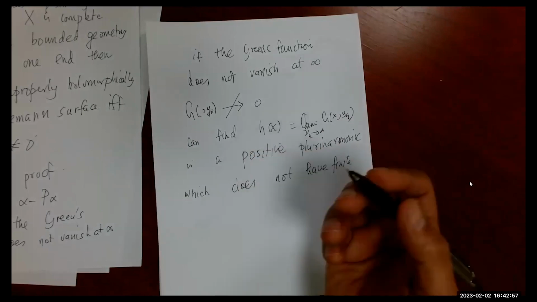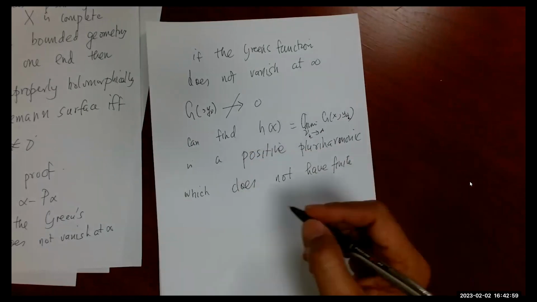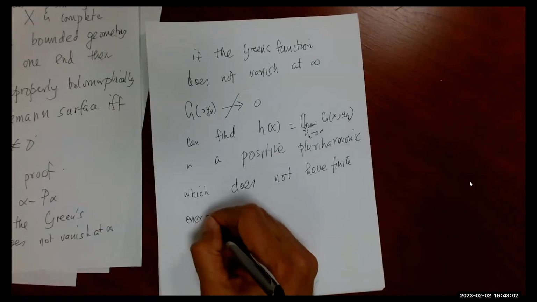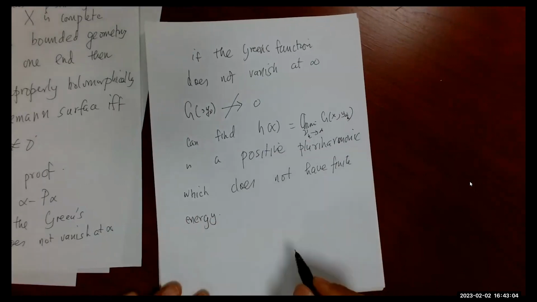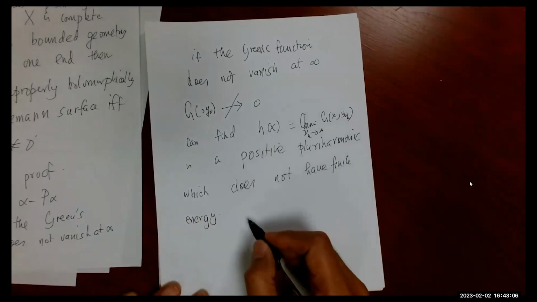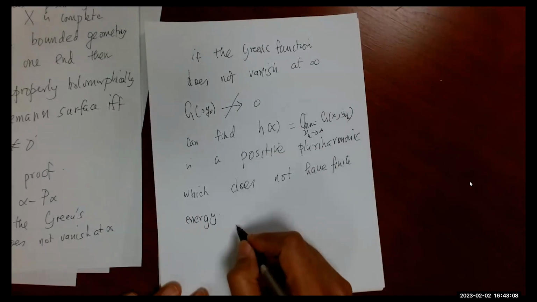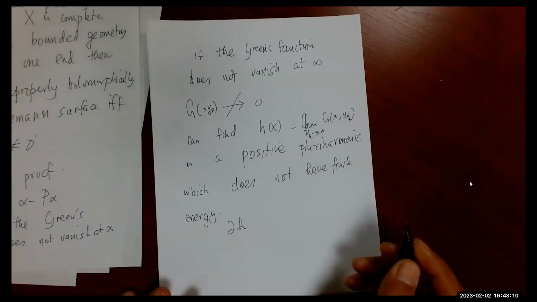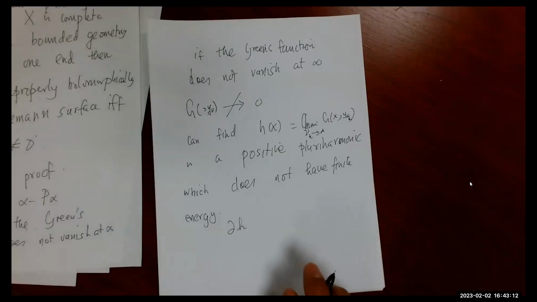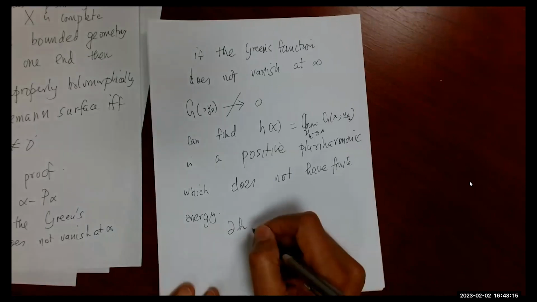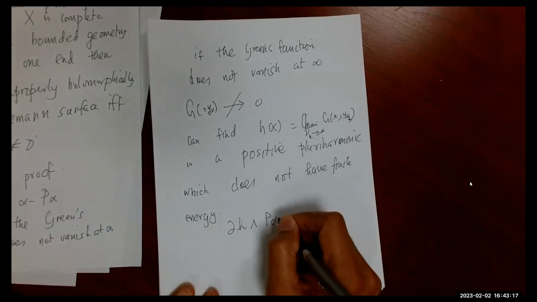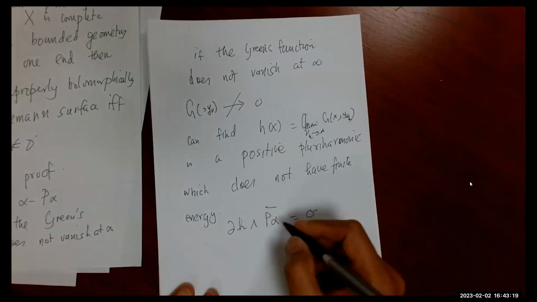I just mean the differential is not L2. Then you can show the following: this will be a holomorphic one form, and if you wedge it with P alpha conjugate, you can show it is 0.